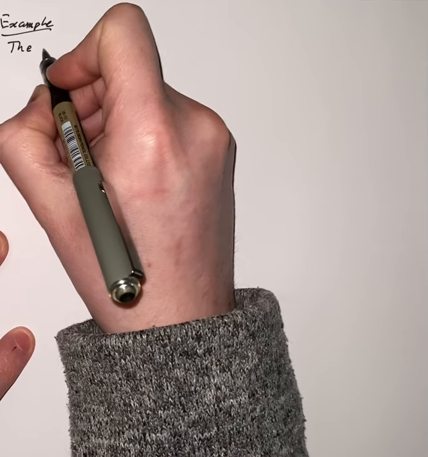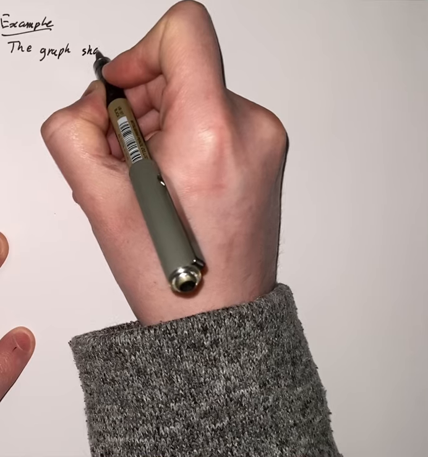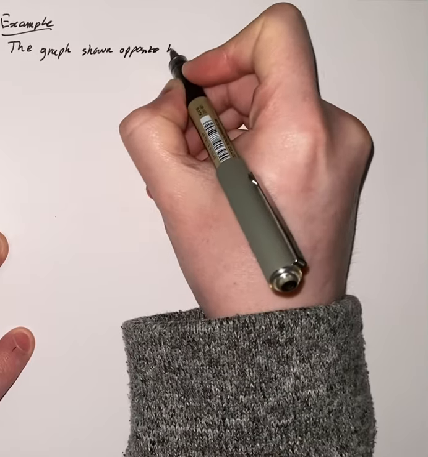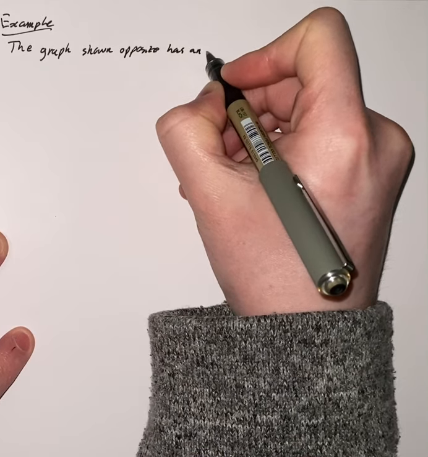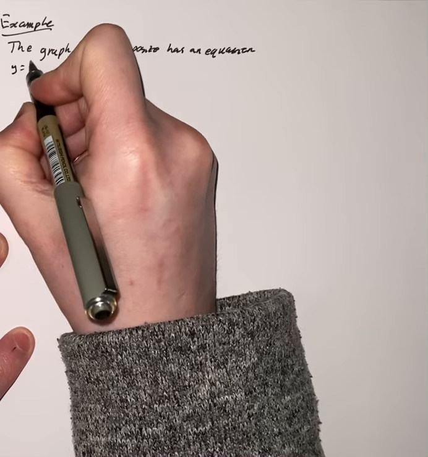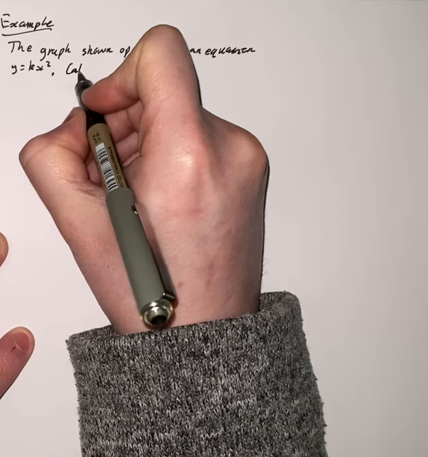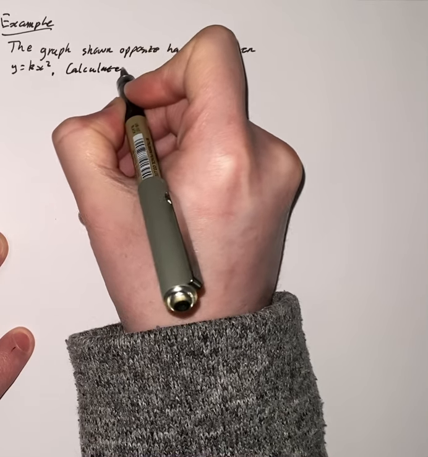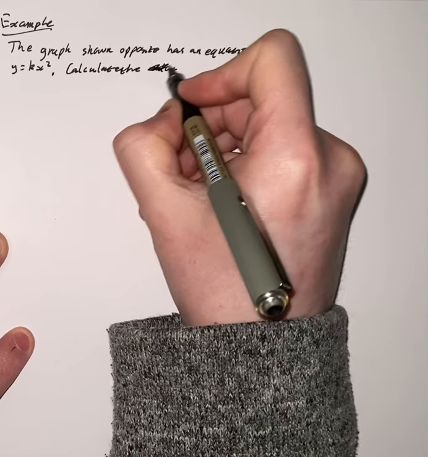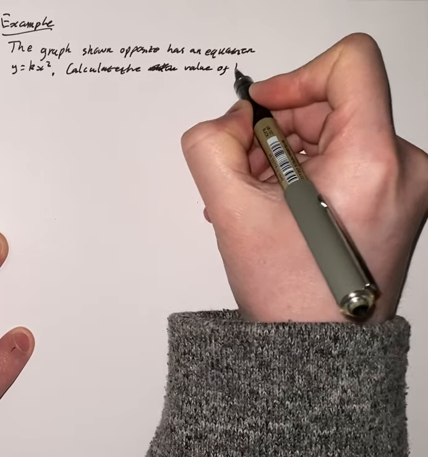And the way the question is usually going to be worded is something along these lines, okay? So the graph shown opposite has an equation y equals kx squared. Calculate the value of k, okay?